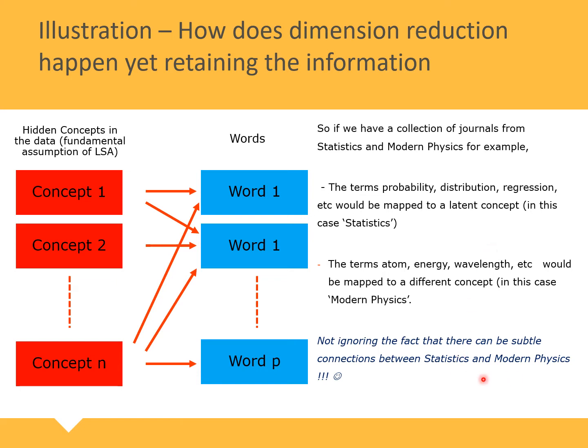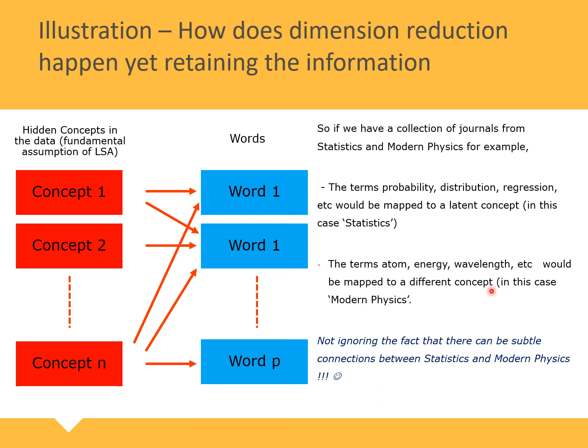So obviously there will be connections, but at a macro level, this example illustrates how word co-occurrence structure can be used to define different contexts in LSA. And it helps reduce dimension as well, because once you have identified this, you will not represent probability, distribution, regression as independent dimensions, but you will combine them and represent them as one single dimension, and you will call it statistics.